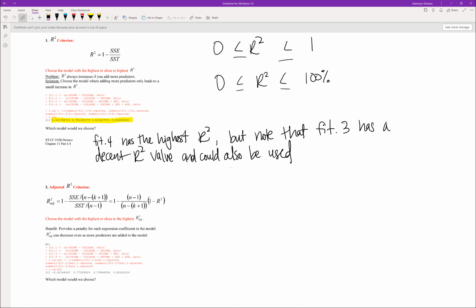What you do is take your SSE and divide it by the degrees of freedom, and take the SST and divide by the total degrees of freedom.